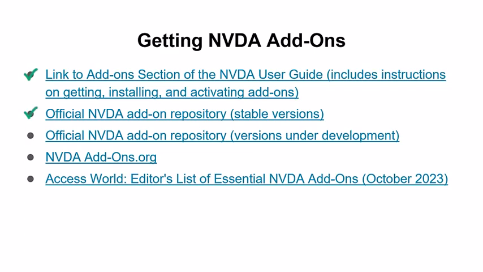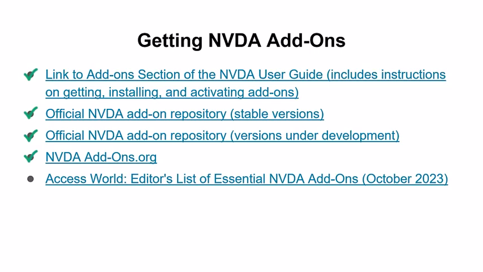So there's two versions. The stable versions are versions that they are absolutely sure are pretty much done being developed for the moment. And then there's an add-on repository of versions that are under development. If you're really a power user and you like playing with other people's scripts and seeing how they work, you can look at those as well.